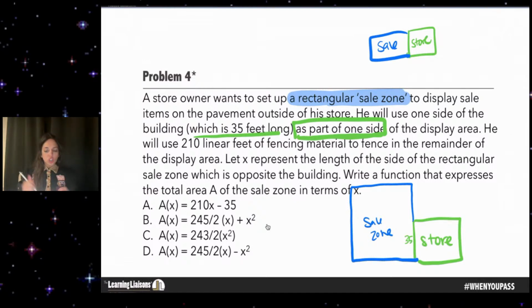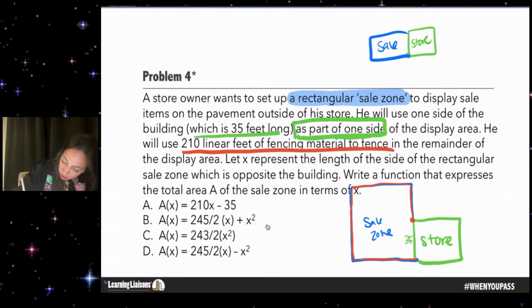He will use 210 linear feet of fencing material to fence in the remainder of the display area. So he's got some fencing. So from here to here to here to here to here is going to equal 210.